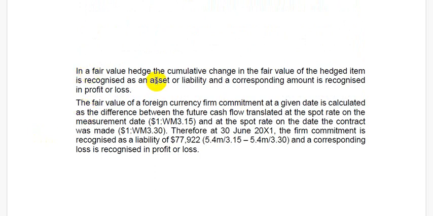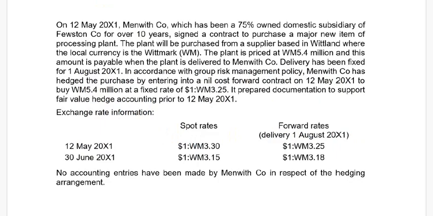So in a fair value hedge, the cumulative change in the fair value of the hedged item is recognized as an asset or liability, and the corresponding amount is recognized in profit or loss. The fair value of the foreign currency firm commitment at a given date is calculated as the difference between the future cash flow translated at the spot rate on the measurement date. So the measurement date in this case is our reporting date, 30th June.